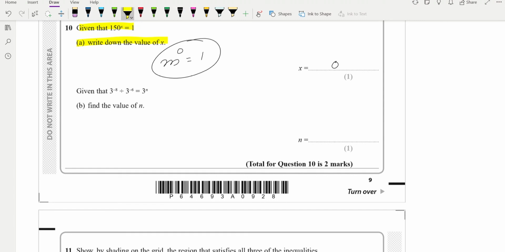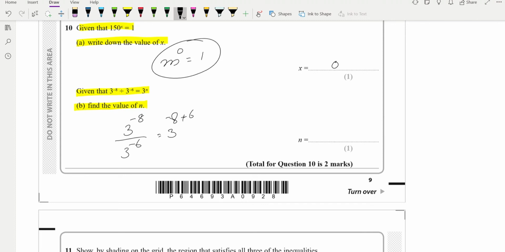Now B part, given that this is equal to this, find the value of n. For that we can write 3 raised to the power minus 8, divided by 3 raised to the power minus 6, is equal to 3 raised to the power minus 8 plus 6.